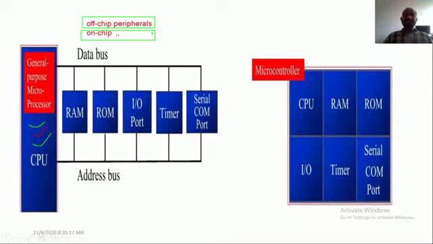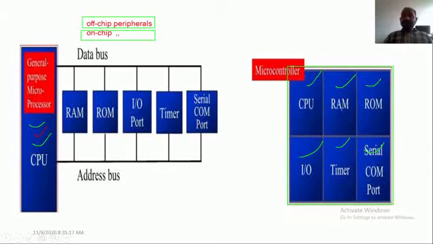If you want to see that, come to this diagram. This entire thing is one IC structure. In this IC, I'm having the microprocessor, the RAM, the ROM, the IO ports, the timers, and the serial communication port line.